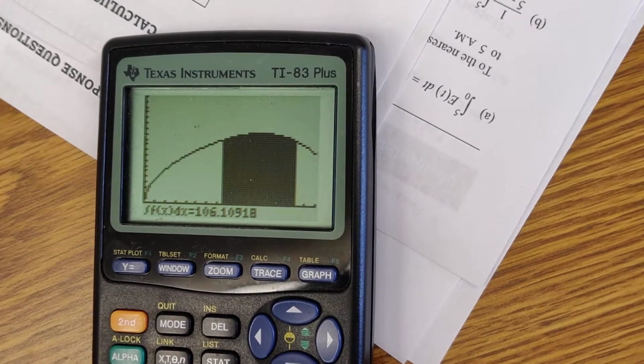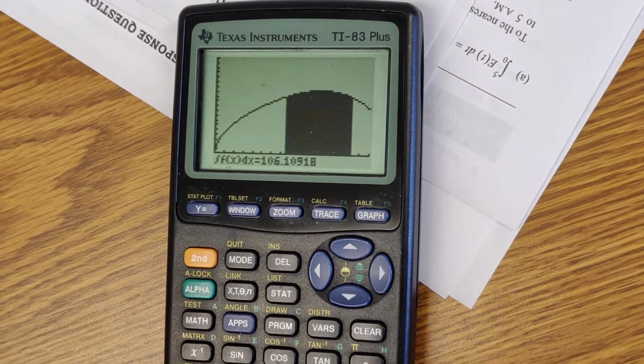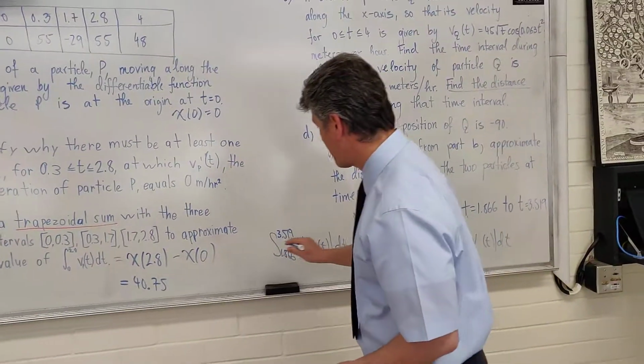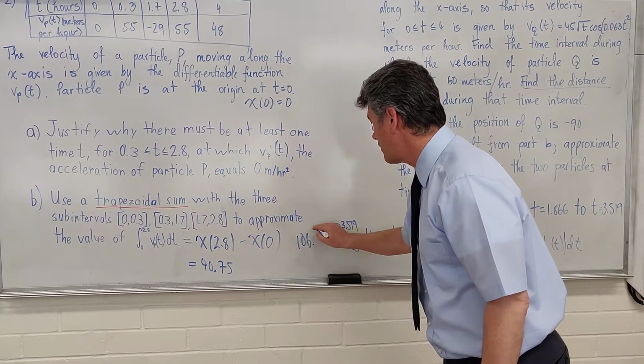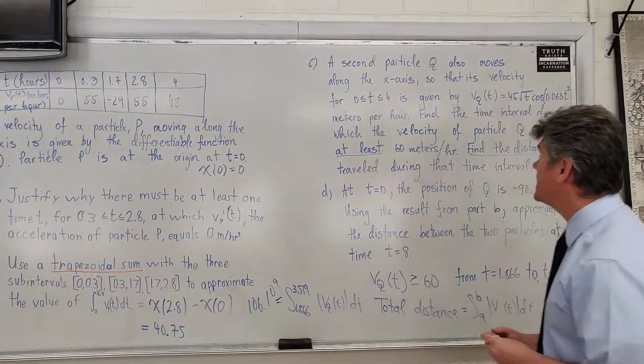And we have the total distance traveled is 106.109. And we are done with this problem. So 106.109. And that's it. That's the end of part C.